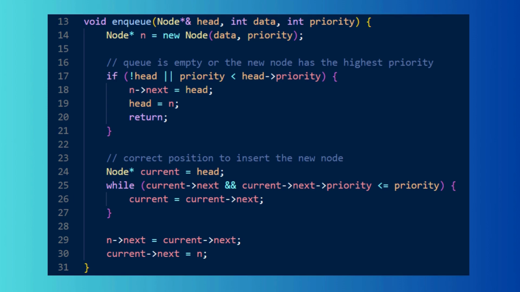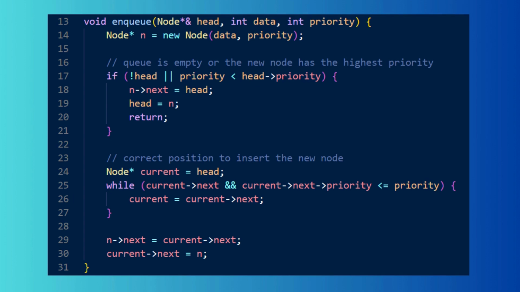Then it will check if not head, meaning if head is null, or the condition: the priority is less than head.priority. Based on that, it will assign the new node's next to the head, and then head will be the new node, and then it will return. So it will add the highest priority value first, and the lowest priority value at the last. This is how it checks the values.